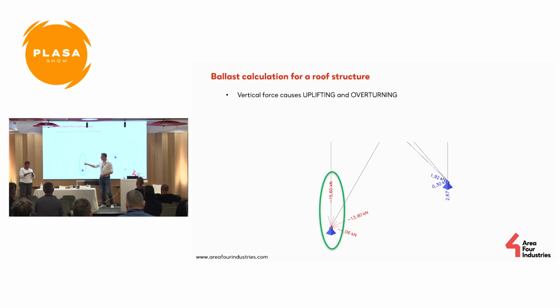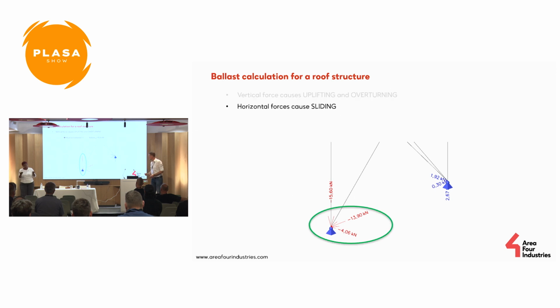That means at least 15.6 kilonewton we have to have there anyway to avoid the structure lifting up. And when it's lifting up, it means everything can lift up and fly away, or it will overturn to the back. That means this 15.6 kilonewton must be ballasted to 100%, one-to-one. The same as what is acting has to be counterweighted by ballast.